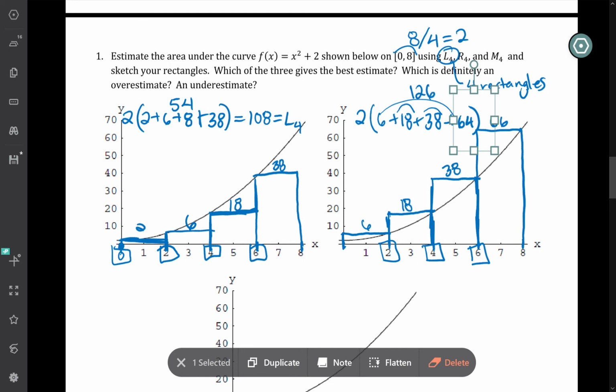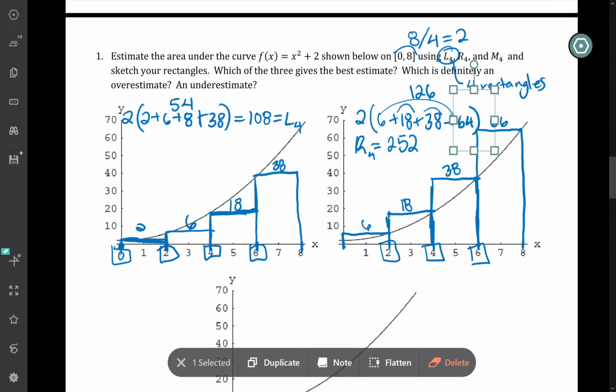Hopefully I counted right. Yep, I think so. Okay, and that still needs to be multiplied by 2, so that's just the sum of the heights. So when I double that, 126, I get 252. And that's my, well, not L, R sub 4.